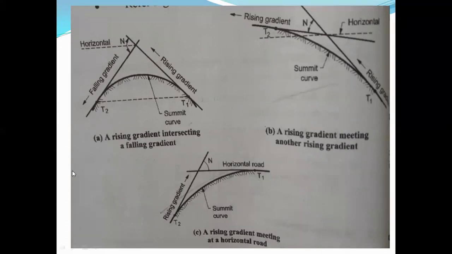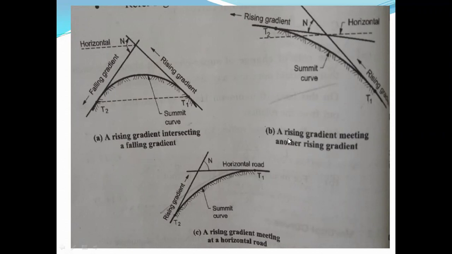This is the falling gradient and this is the rising gradient, and these two gradients intersect at the horizontal road, and the curve line provided is the summit curve, which has the convex surface in the upward direction. It is the first case of summit curve, that is the rising gradient intersects the falling gradient.